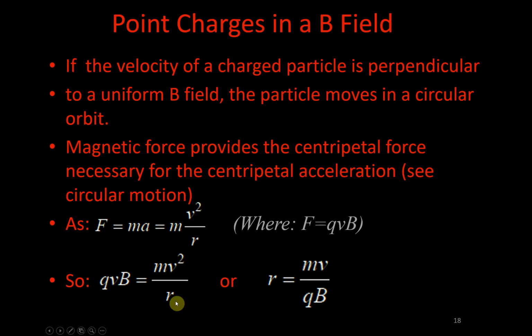So this simplifies down, and you're going to end up with r is mv over qB. And this is a specific radius that a particle will move in when it's given a velocity in a specific magnetic field. And this turns out to be a very important result.